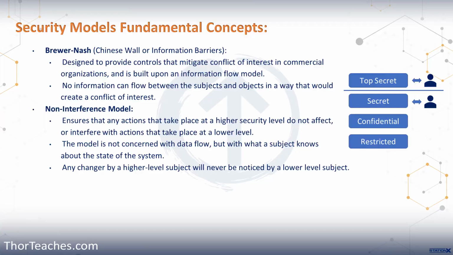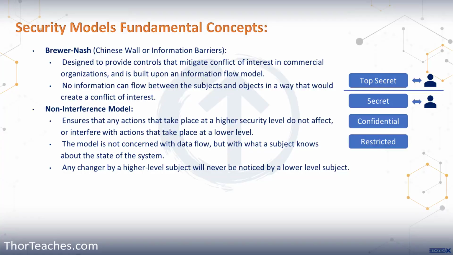Now let's take a look at the non-interference model. And the graphics over here on the right is for that model. The non-interference model is built to ensure that any action that takes place at a higher security level does not affect or interfere with actions taken at a lower level.